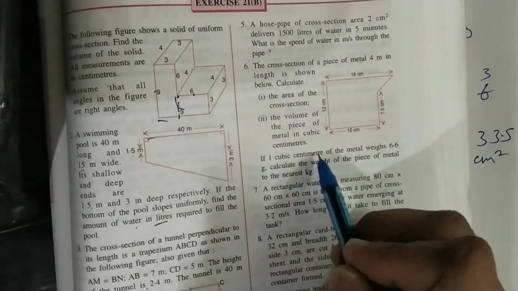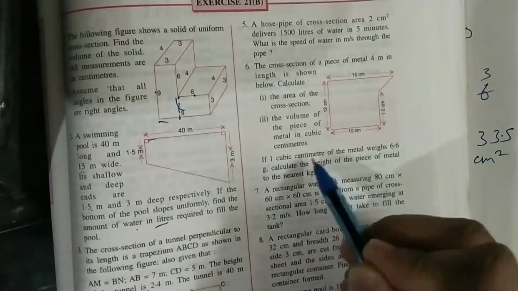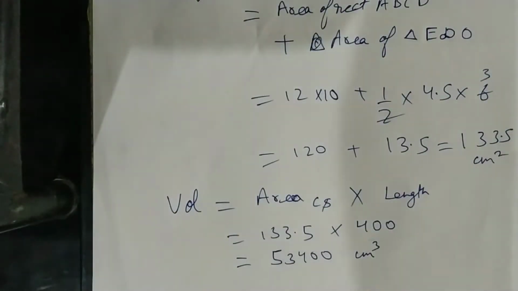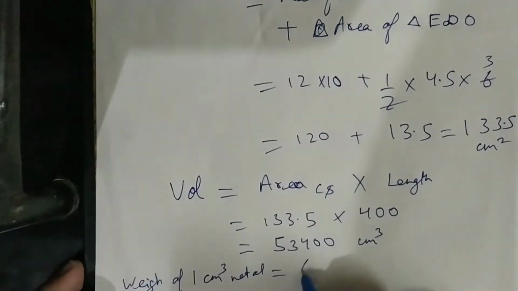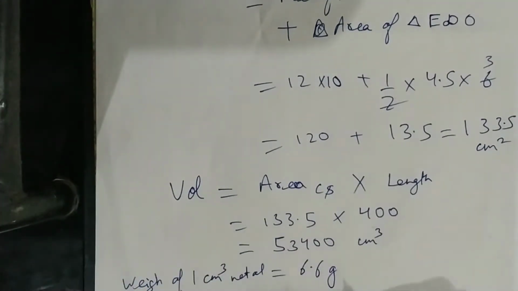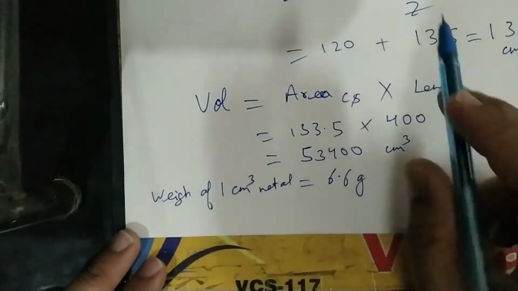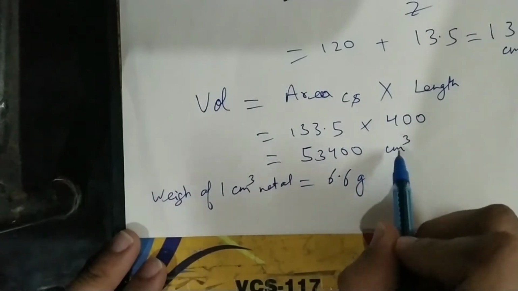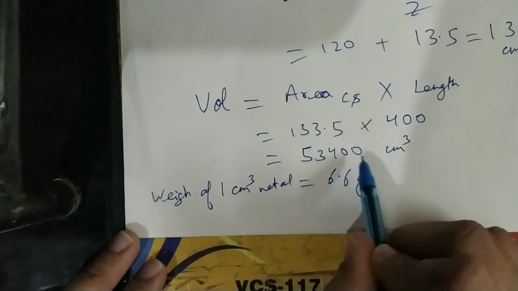Now there is one more part given. If 1 cubic centimeter of metal weighs 6.6 gram, how much does the piece of metal weigh? Okay, so the weight of 1 cubic centimeter of metal is equal to 6.6 gram and we have to find the weight of this complete metal, which has volume 53,400.